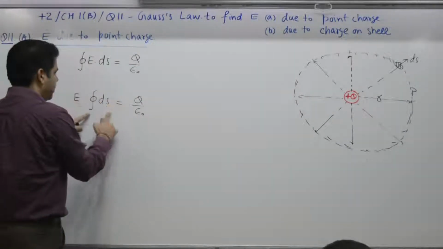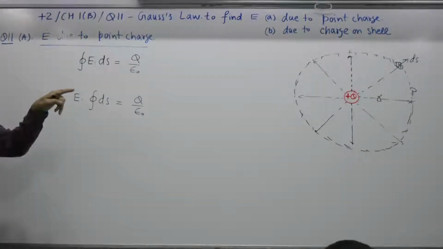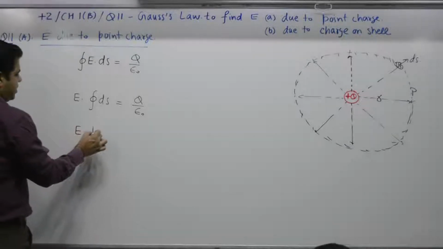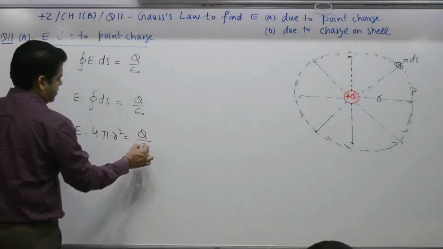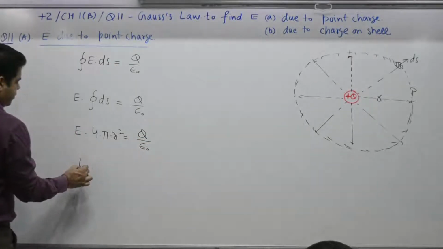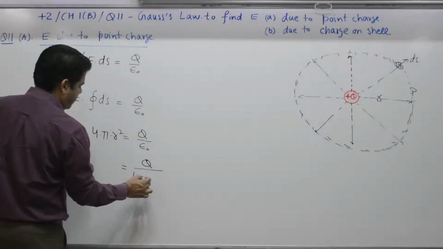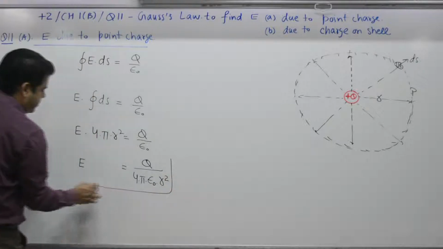In this particular case, it is a sphere, and for this the value is 4 pi r square. E into 4 pi r square is Q by epsilon naught. What you get is E is equal to Q by 4 pi epsilon naught r square.